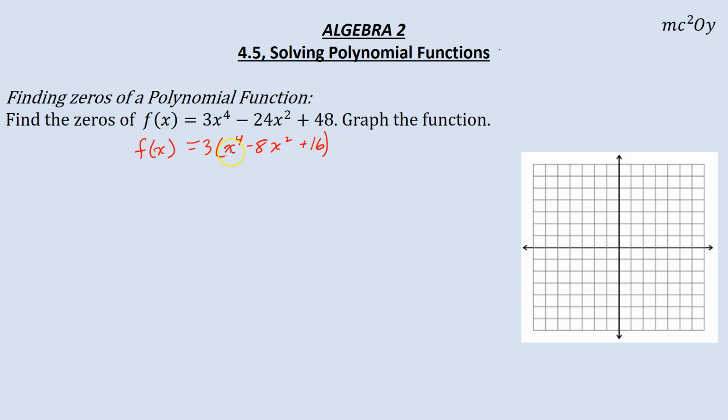I then can look at it and say, well, x to the fourth, x squared, this power is twice that power. So if I could break it into the format of ax squared plus bx plus c. So in other words, something raised to the second power and something raised to the first power. Right now I have raised to the fourth and raised to the second. That could be helpful. So I could look at it and say, well, I know that x to the fourth is actually just x squared, squared.